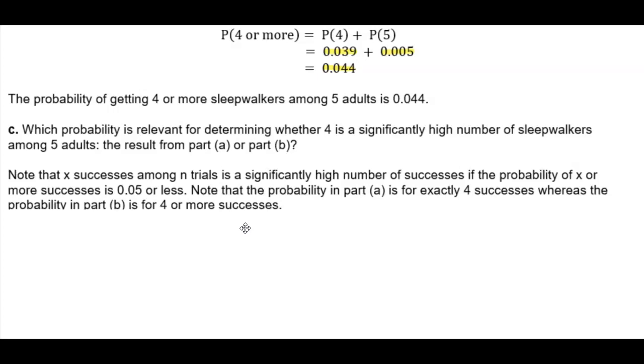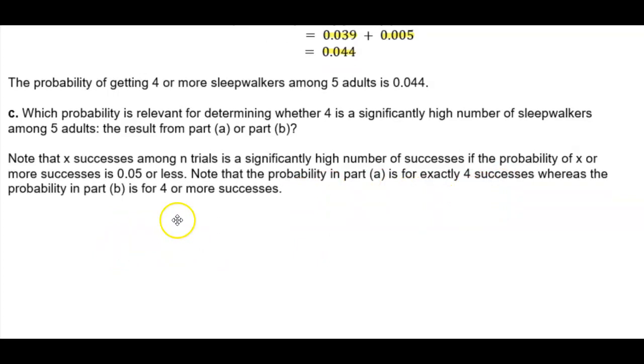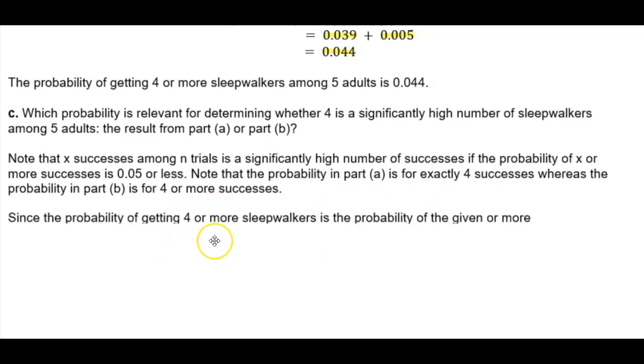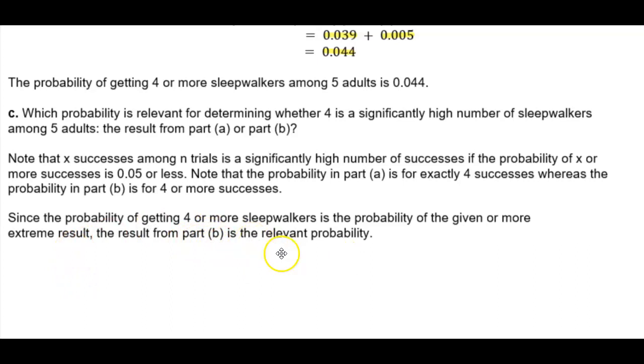The probability in part A is for exactly 4 successes, whereas the probability in part B is for 4 or more successes. Since the probability of getting 4 or more sleepwalkers is the probability of the given or more extreme result, the result from part B is the relevant probability.